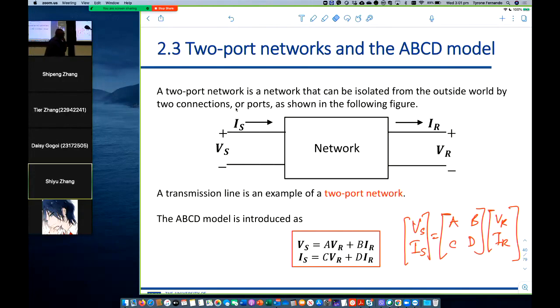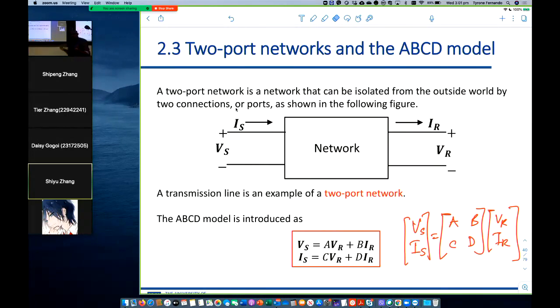When we represent this as a two-port network in terms of a matrix, we are interested to know the sending end voltage and the sending end current. Those are two parameters that we are interested in, and they are related to the receiving end voltage and receiving end current.